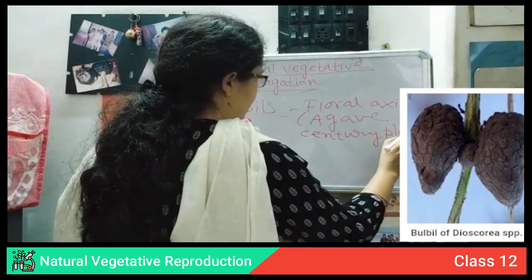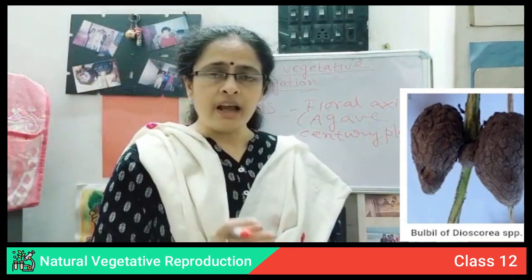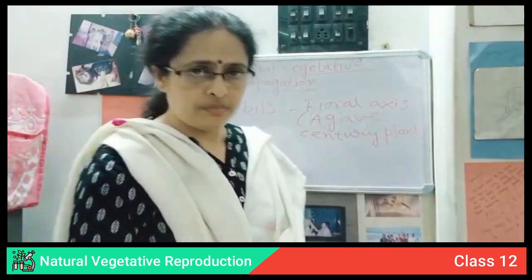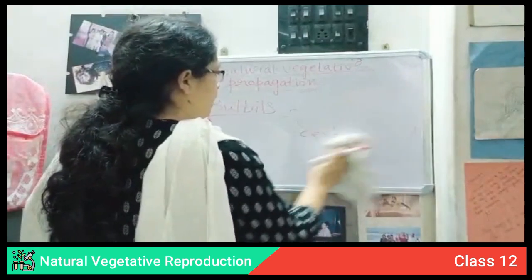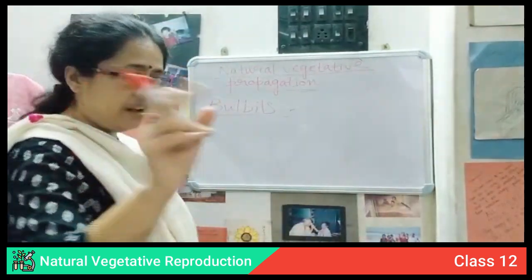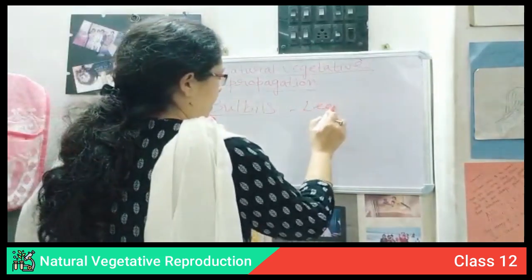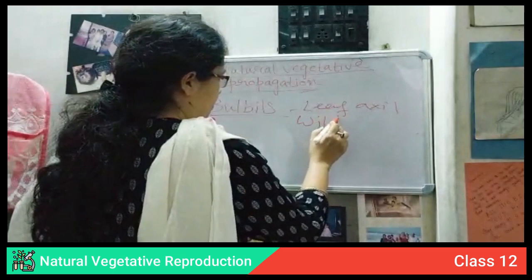Okay, those bulbils fall off from the parent body and grow into new individuals. Another example is if they grow in the leaf axil. The example is wild yam.